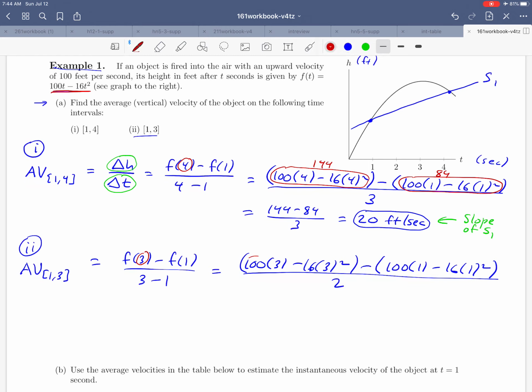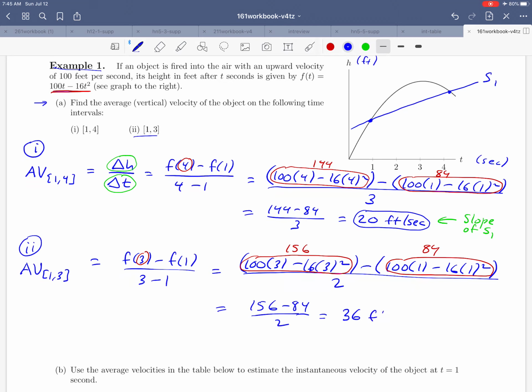And if you get numbers for these values, you will discover that that first piece is 156. We already know what this is. Above we got 84. So what we wind up with here is 156 minus 84 over 2. And you can double check my calculations there. That ends up being 36.